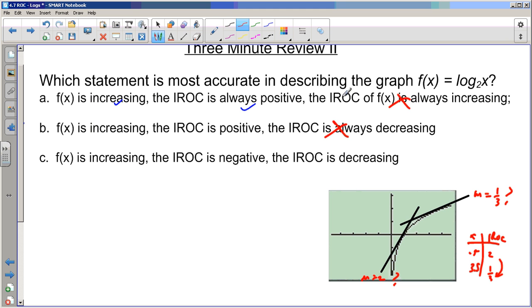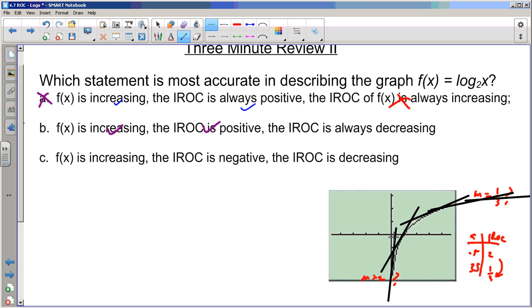So this one's not true, rather. So is this statement A true? This is not true. But we said these two are true. The IROC is always decreasing. Certainly it did for the two that we mentioned. If we go further along, what's going to happen?